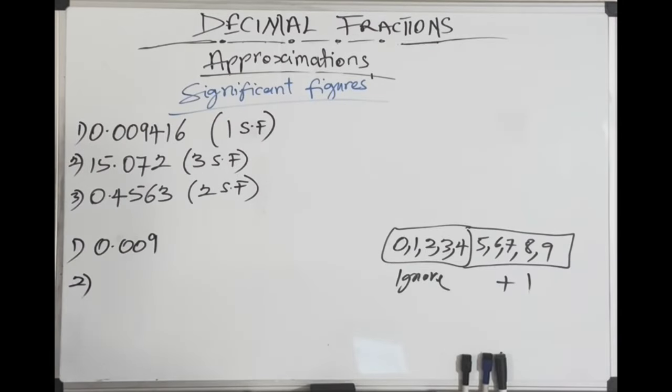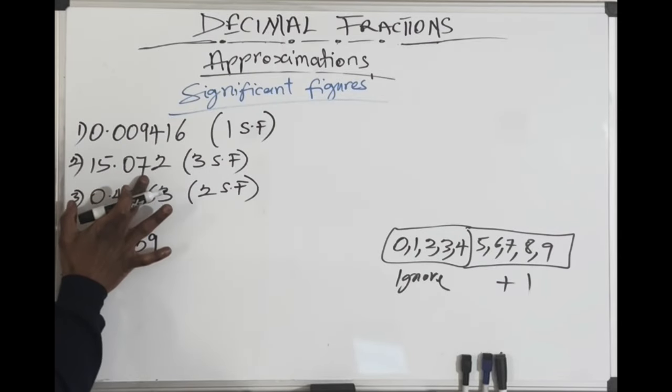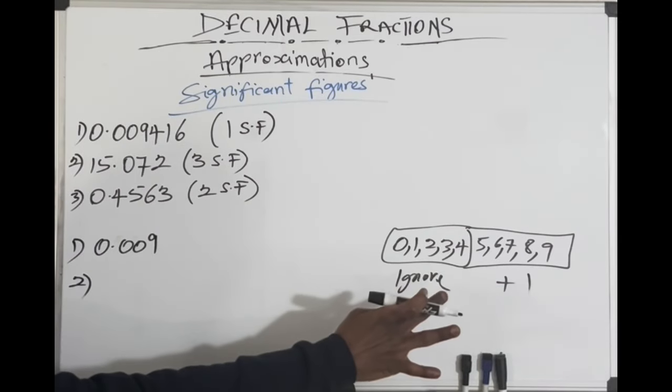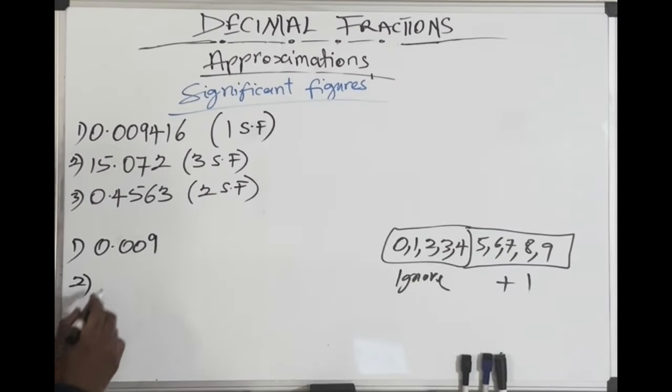Number 2, 3 significant figures. So 1, 2, 3. We look at the next number, which is 7. It falls under the plus 1, so we add 1, giving 15.1 as our final answer.